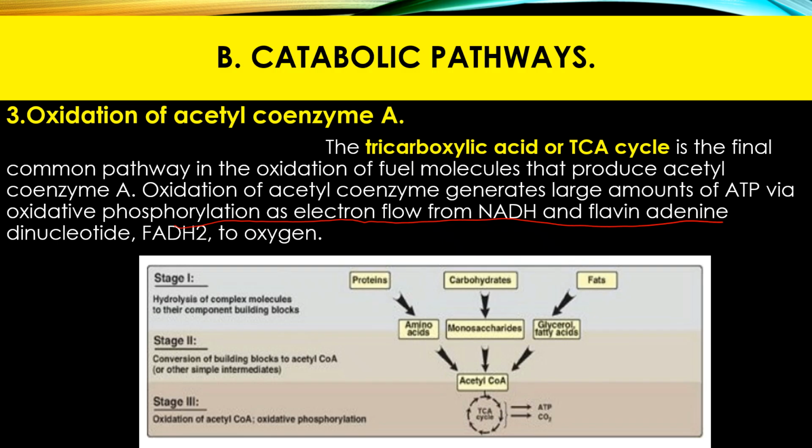So the main purpose of breaking the molecule, or catabolic reaction, is to utilize the energy which is hidden in the complex organic molecule. So we can obtain energy from it.